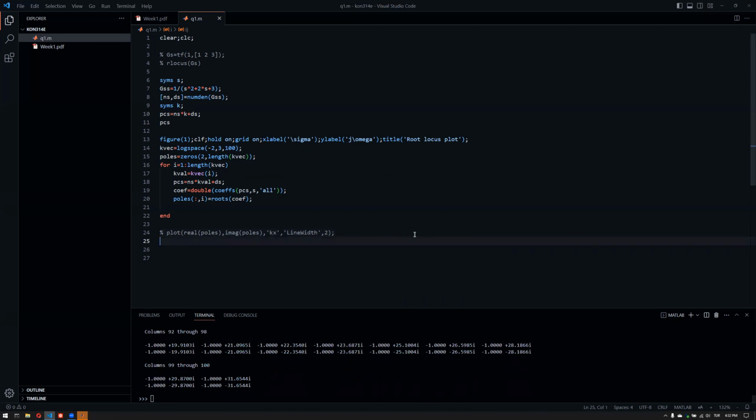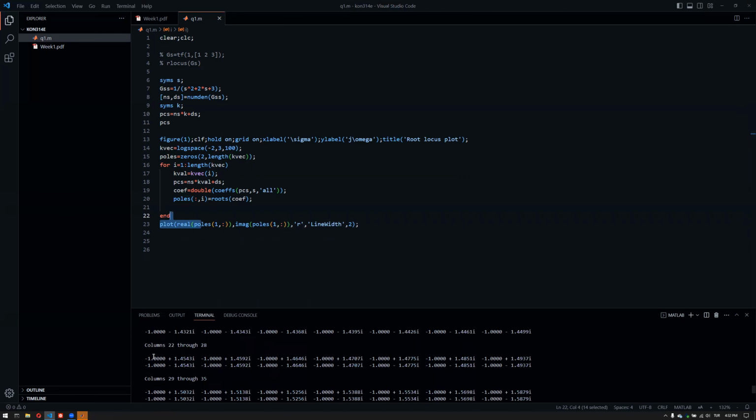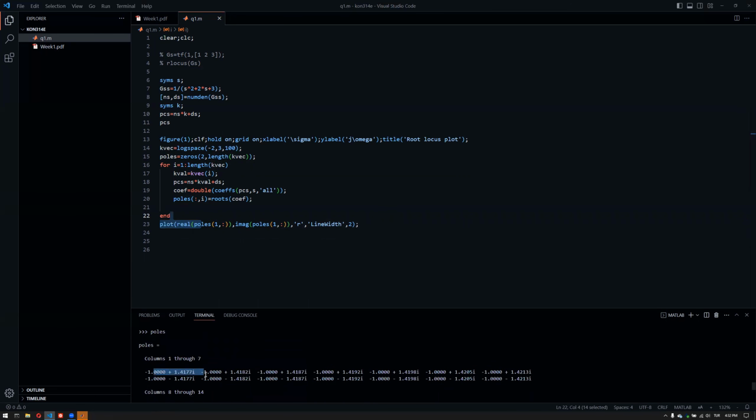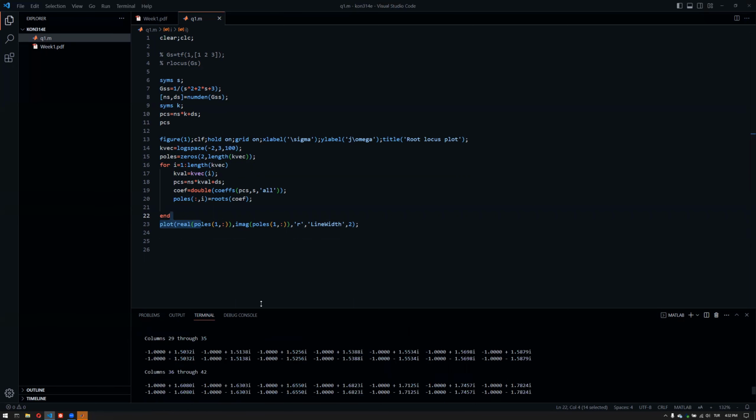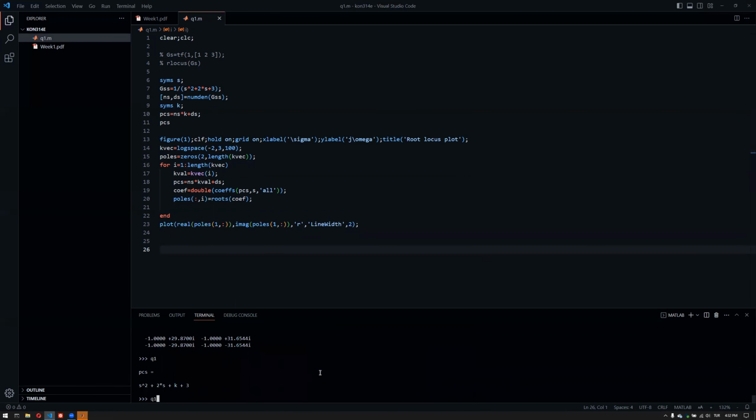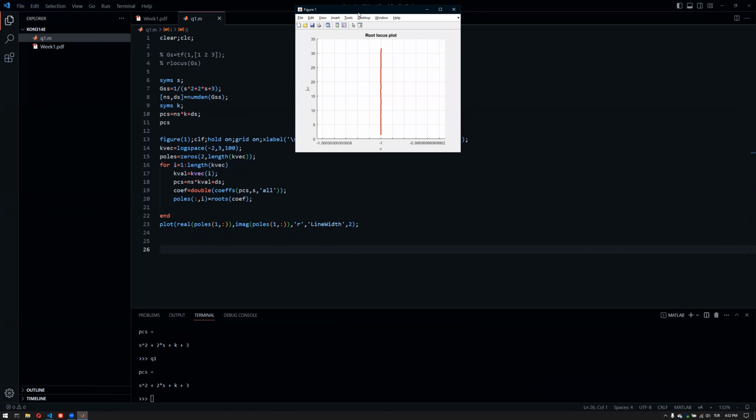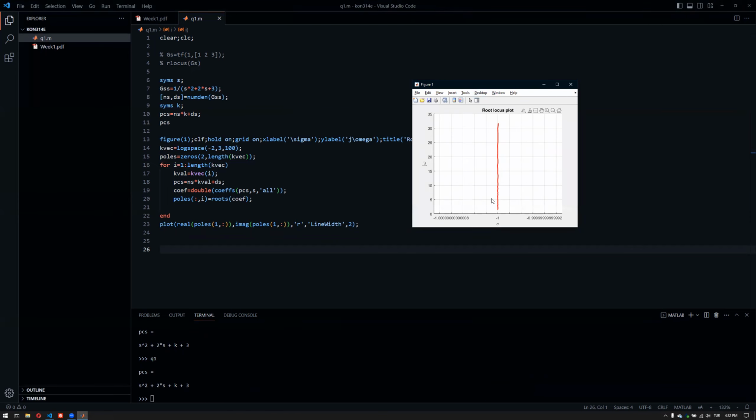So what we can then do is use poles, first row, all columns. Again, poles, first row, all columns. Give it a certain color, but not a marker anymore. And it will connect all these locations on the first row to create the root-locus plot that we are trying to plot. And you can see this is basically one branch of the root-locus plot.